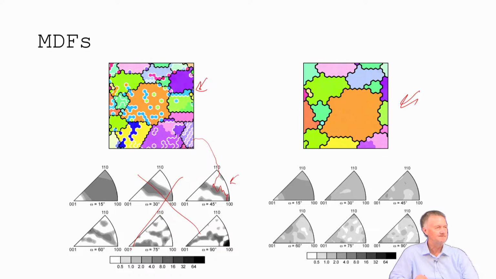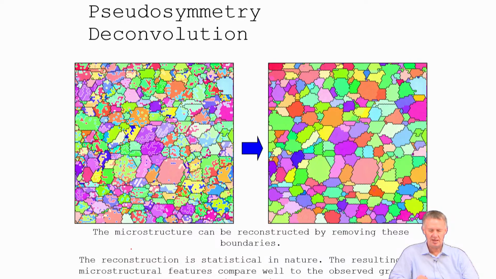Yes? Deconvolution means? This has been deconvoluted to where we took these white boundaries, these 90-degree white boundaries, and reassigned the orientation of all of those to the major component within each grain.